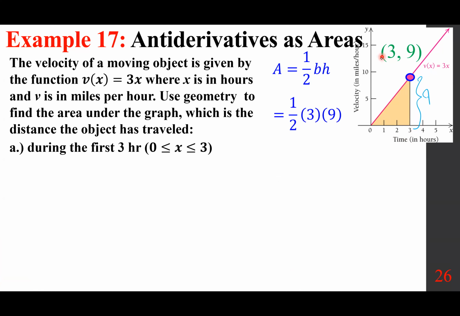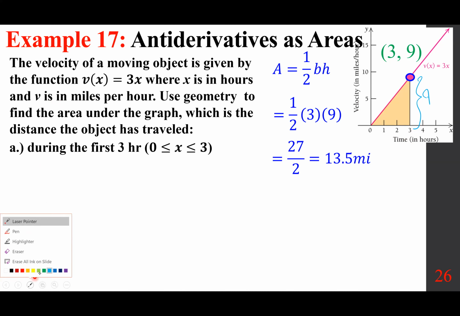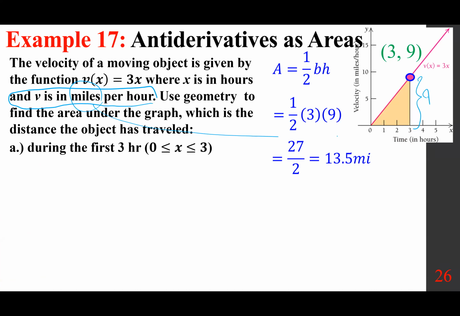And it's 27 divided by 2, or 13.5 miles in this case. This is miles per hour, and that's how you know the units are in miles, okay?